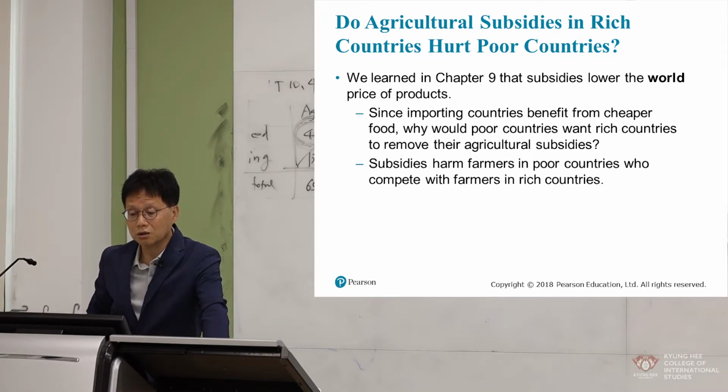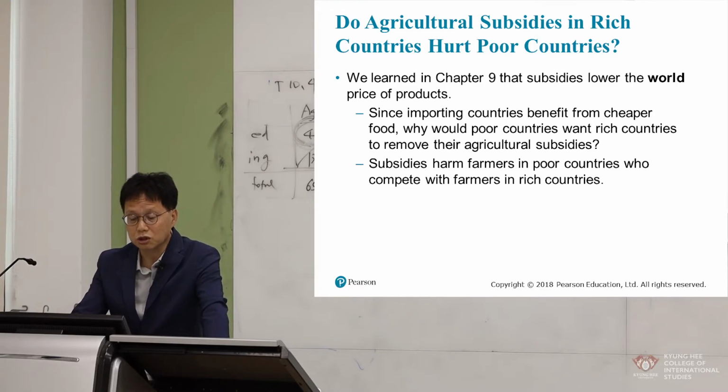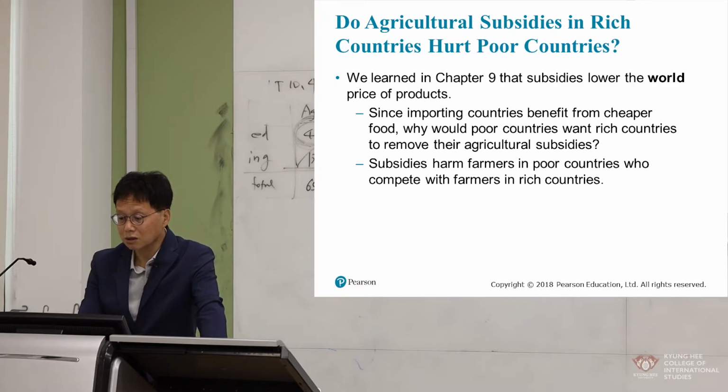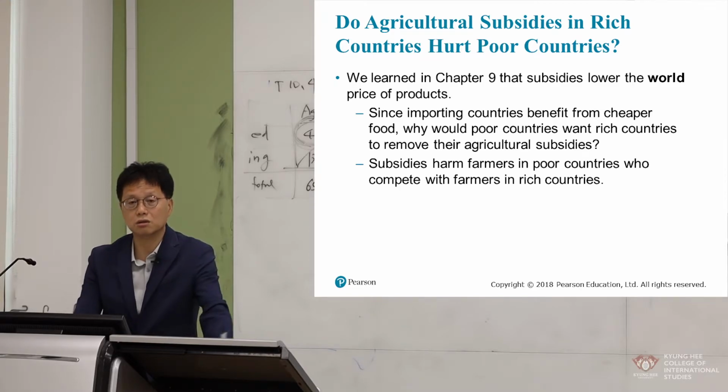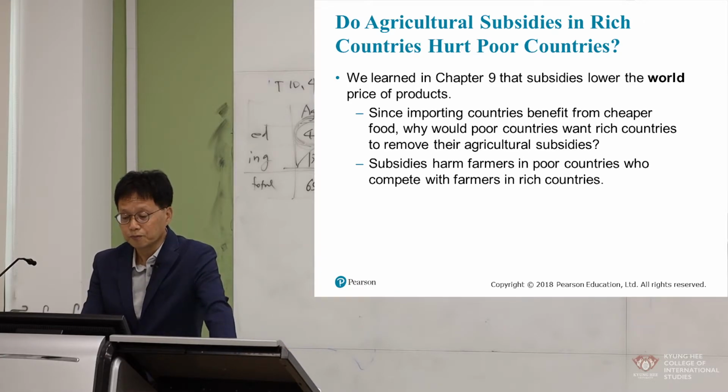Then importing countries' welfare increases. Right? So these countries adopting domestic support and export subsidy should be losers. Right? Why would poor countries who import food, right, want rich countries to remove their agricultural subsidies? That is the question. Right?